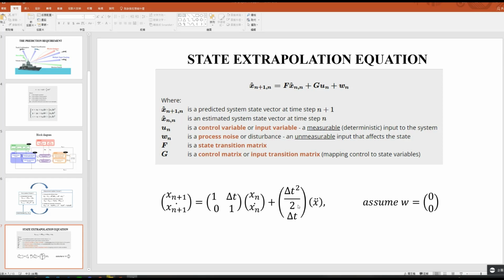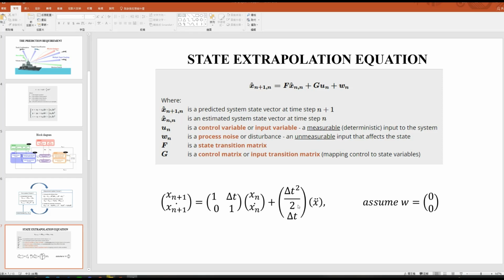In addition, this state extrapolation equation doesn't have to be a physical formula. It can also be a linear regression or spline or interpolation. And the same method has different ways of writing. For example, the prediction of acceleration can also use the differentiation of the GPS position twice by the Runge-Kutta method.